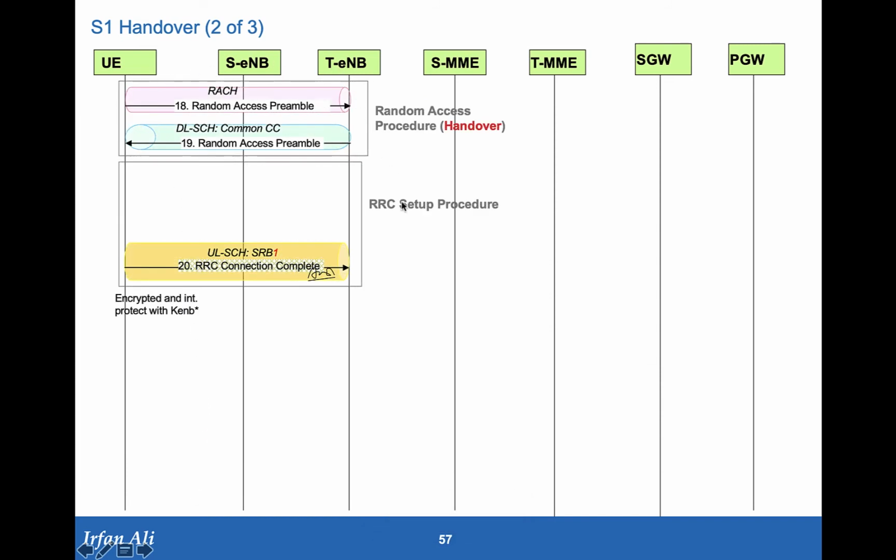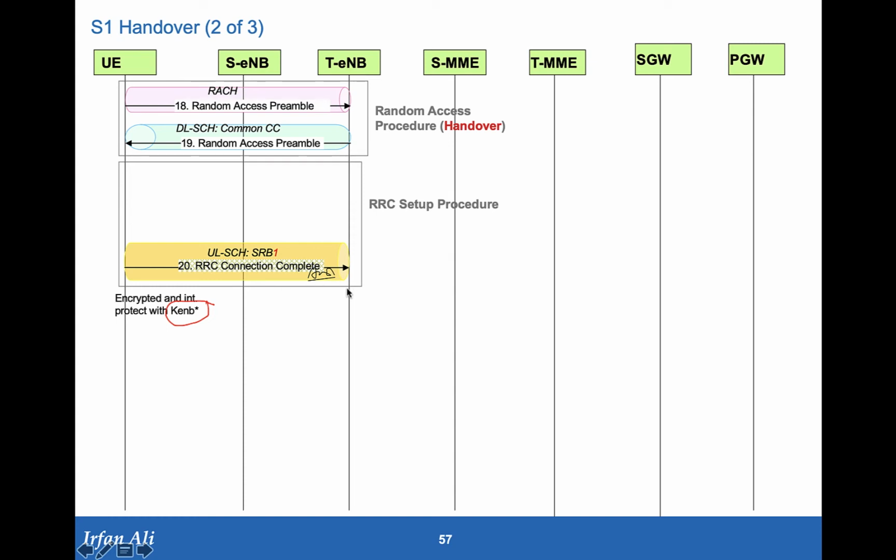So it does this more efficient random access procedure, and it sends an RRC connection complete, which is encrypted and integrity protected using the new key that is used with the target eNodeB, and also the access stratum algorithms that are to be used.